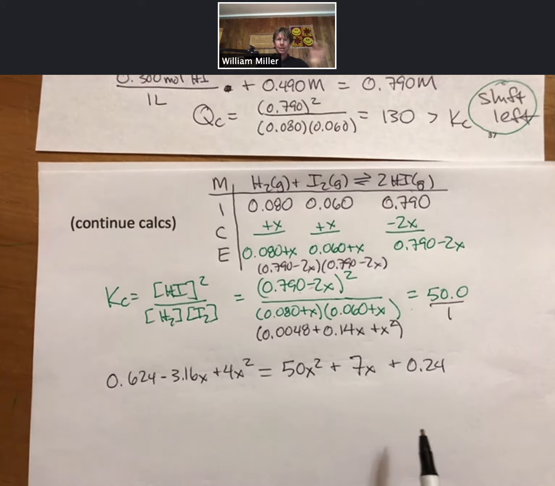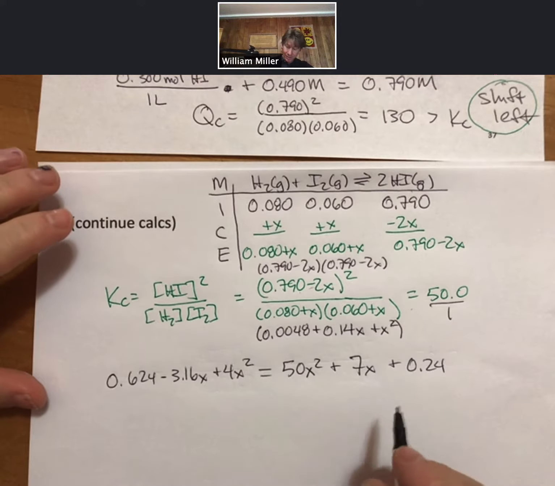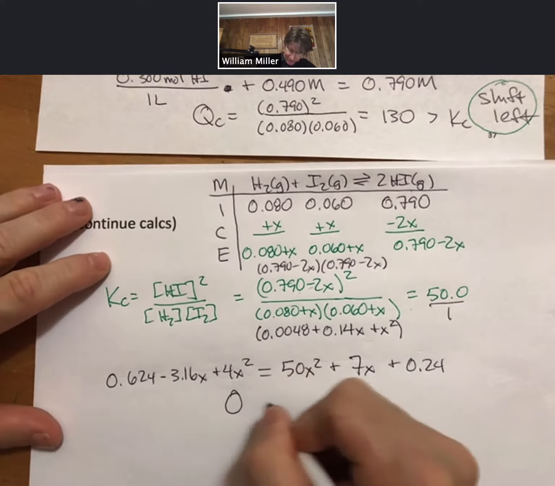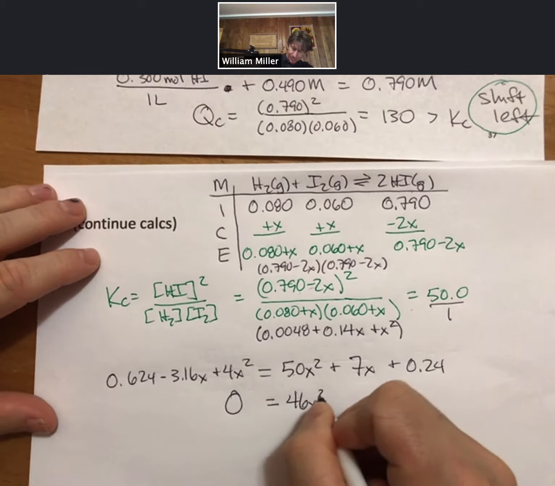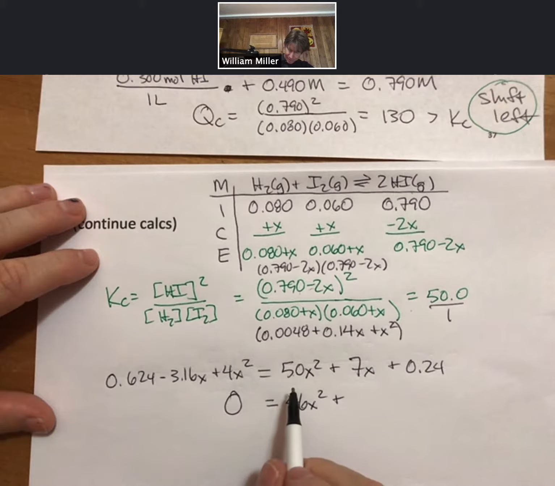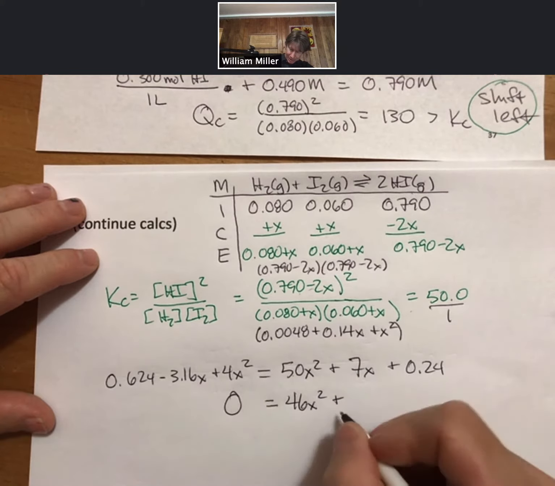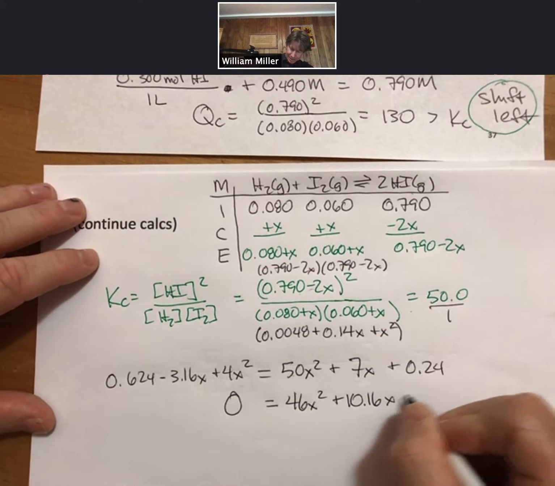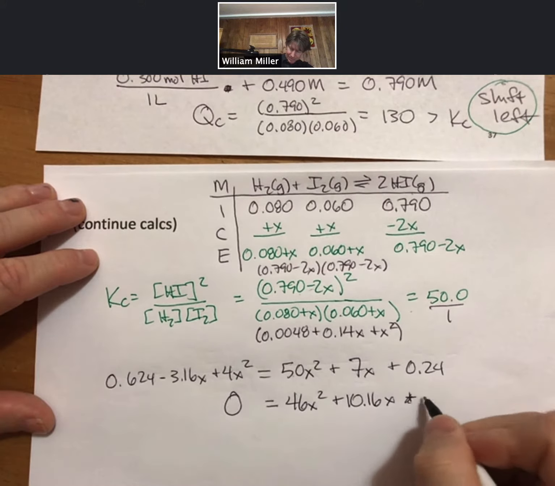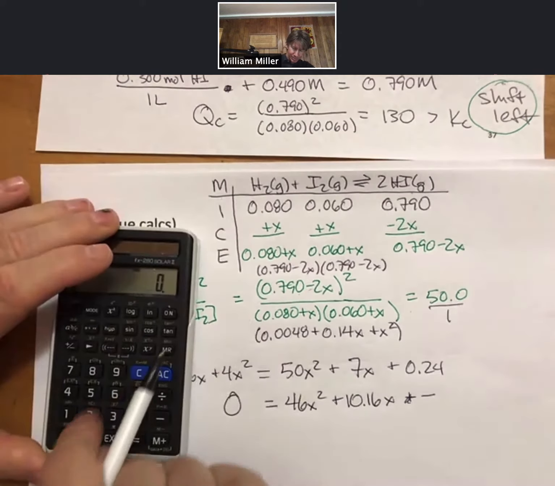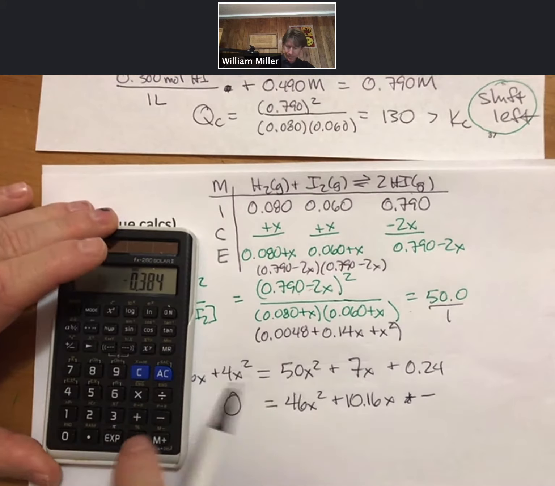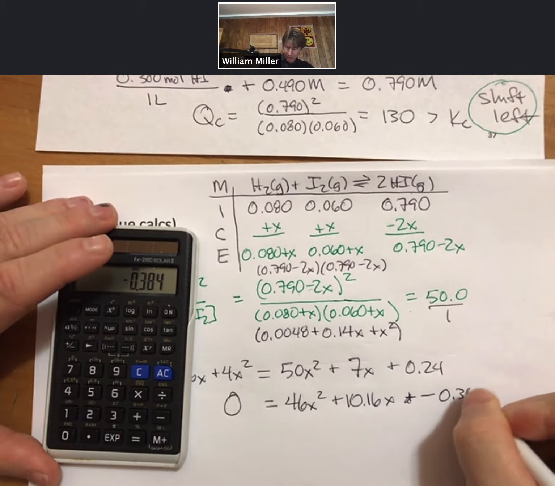I'm exhausted. But we press on. Let's get all the terms. So we'll set this side to 0. So 50 minus 4 is 46. This was a plus, that's a minus. So that's going to equal 10.16x. And we have 0.24 minus 0.624, 0.384.